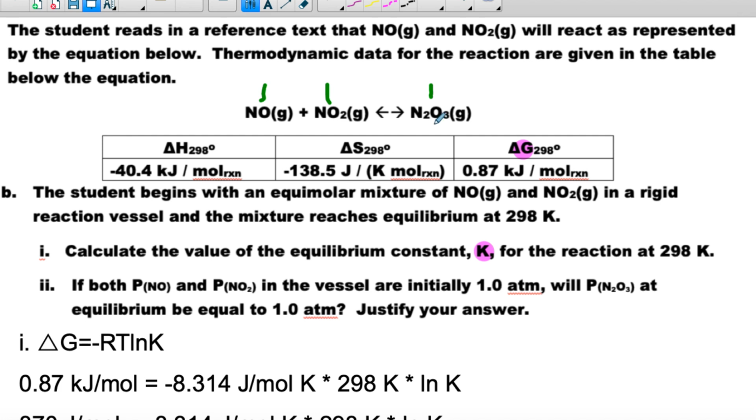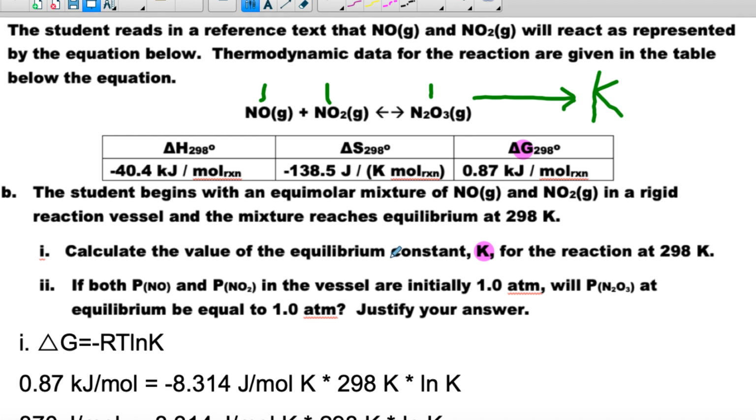Will the pressure of N2O3 be equal to 1 atmosphere? Well, in order for it to turn into 1 atmosphere, this would have to have an equilibrium far to the right. In other words, it would have to have a really big K, a K value that is exceedingly large, really bigger than 1. And we know from the problem before, let's say they told you K was 0.7, that wouldn't be possible.